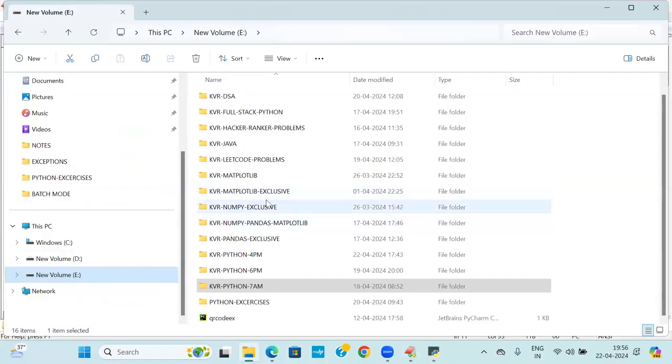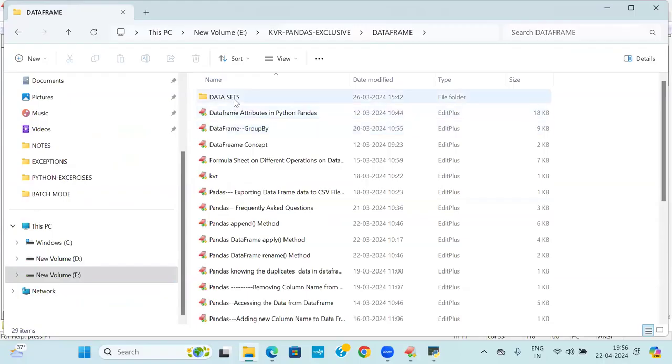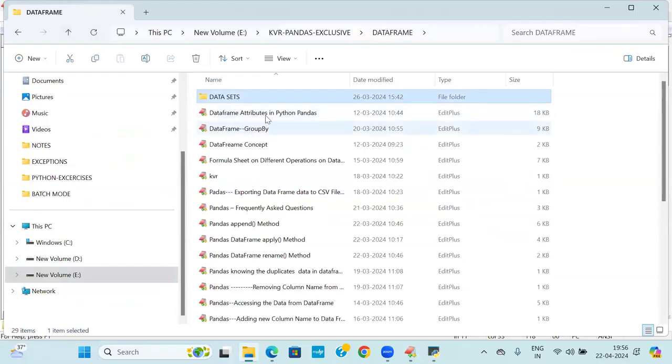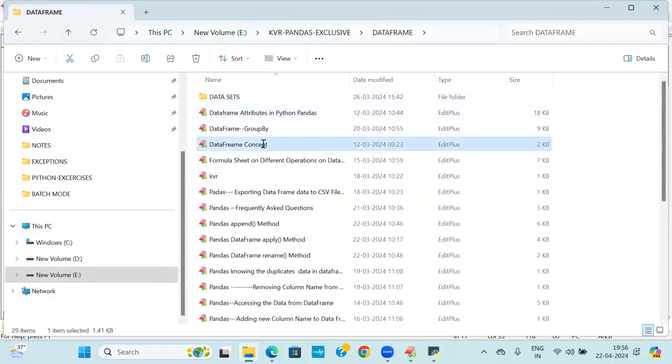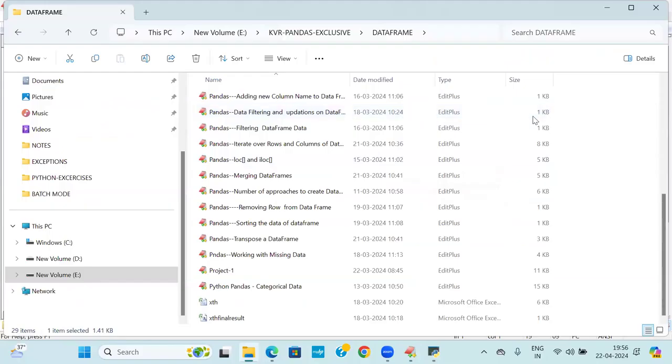You see, exclusively pandas, it's a data frame. This is what I'm going to discuss. Data frame, pandas related concepts, everything I will explain. Okay, Vijay. Okay, thank you. That's all I needed.